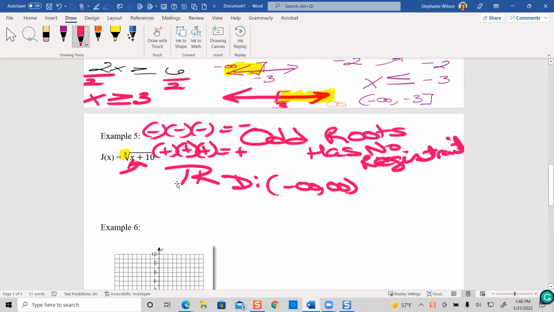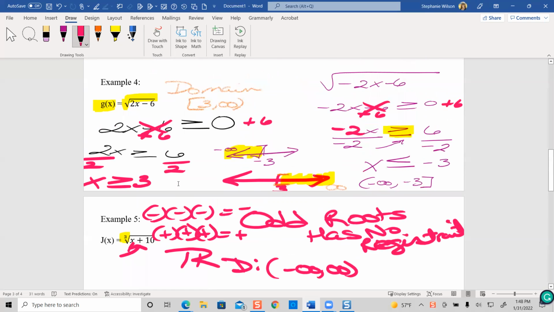The domain up here is restricted because whatever I plug in for x here has to yield a positive answer inside there. So whatever my answer is, I can plug it in. So I got 2 times 3 is 6, minus 6 gives me what? 0, and that's okay.